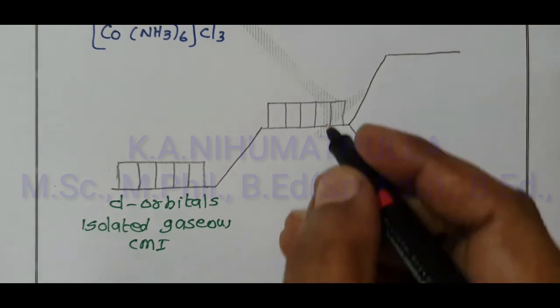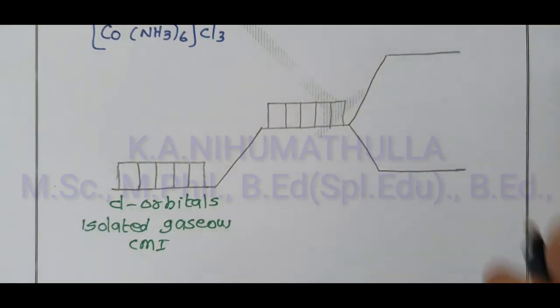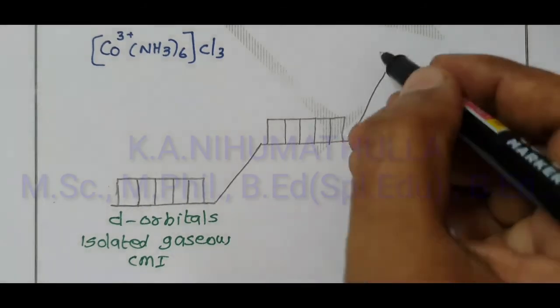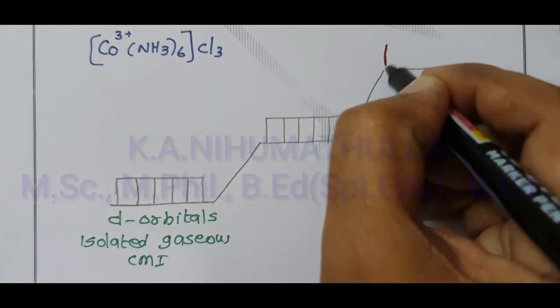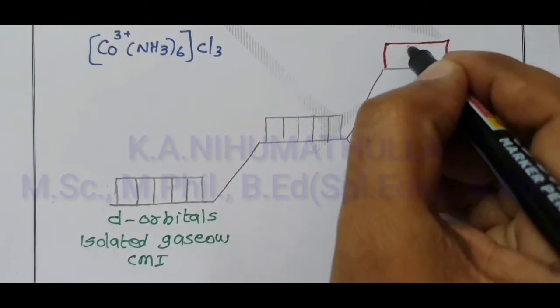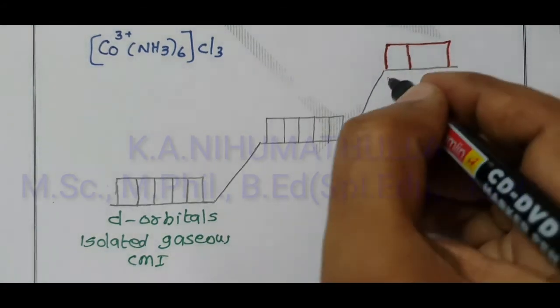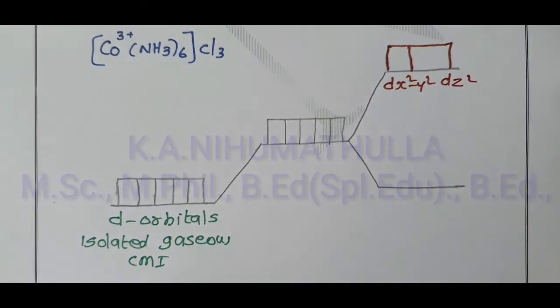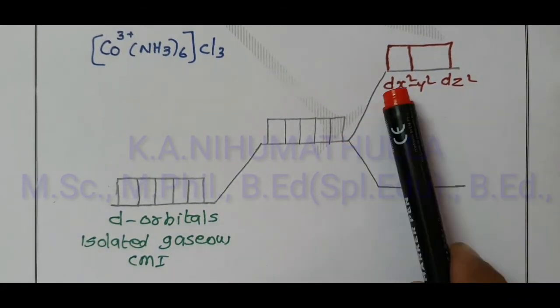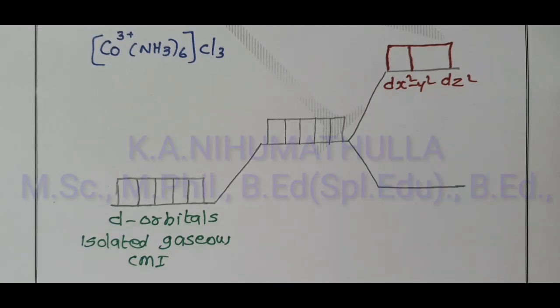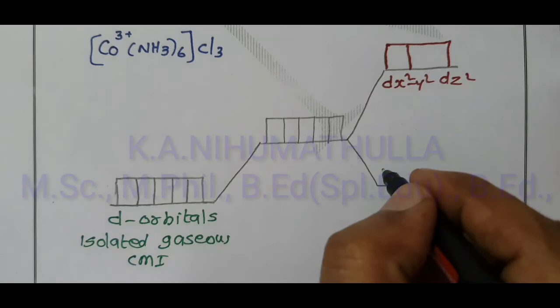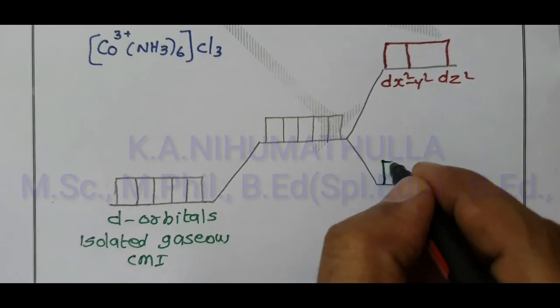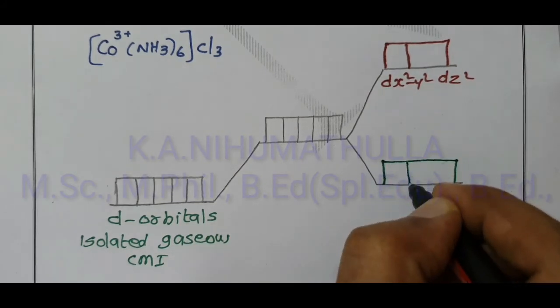Among the 5 orbitals, the 2 orbitals which approach the central metal ion along the axis are dx squared minus y squared and dz squared. Their repulsive force is high because these 2 orbitals approach the central metal ion in the actual bond direction along the axis. And the other 3 orbitals, what are they?